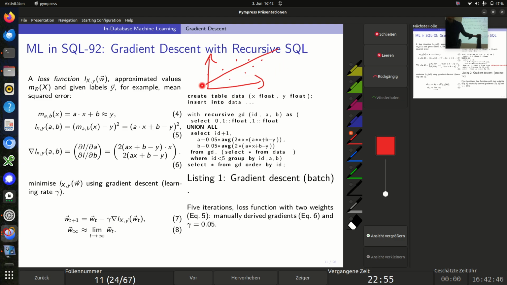The first one is the offset, so here it's the b, and the other one is the factor on the other side, that's the a.